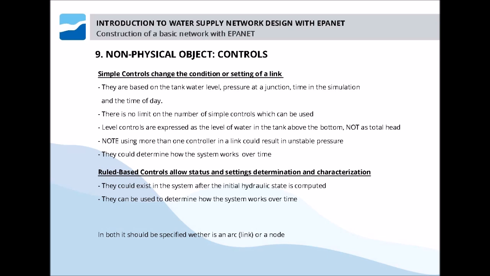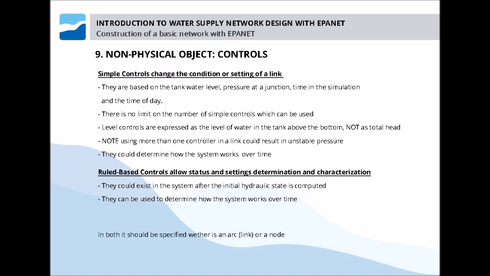Additionally, rule-based controls set the state of an element and its characterization through a combination of conditions that could occur in the system once the initial hydraulic status has been computed. In rule-based controls, we can add basic programming rules, such as conditions and their results.